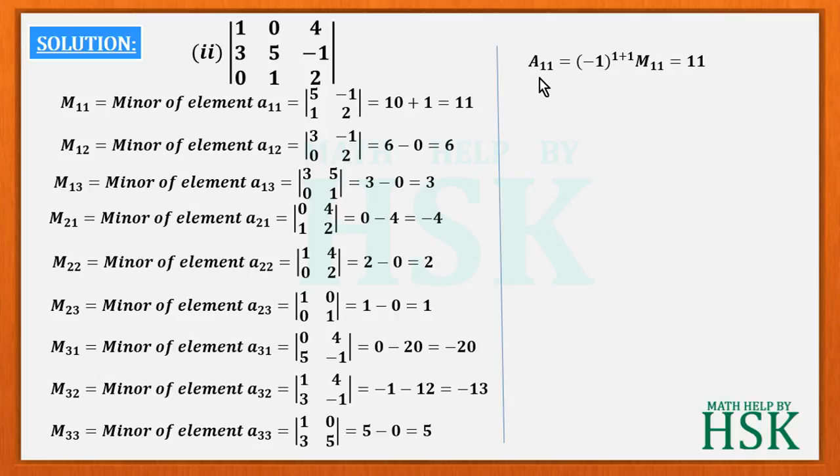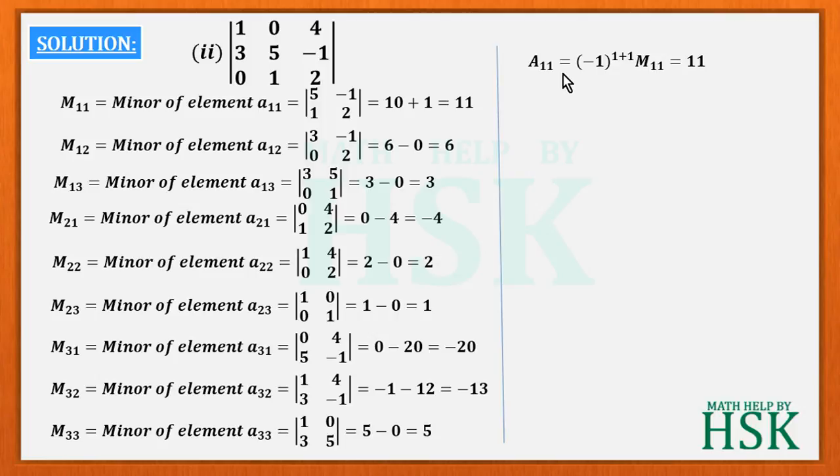Here I would like to discuss a very logical, very simple point, and it is like this: we can calculate the cofactor A11 as minus 1 to the power of 1 plus 1 times its minor, and likewise any cofactor can be calculated.